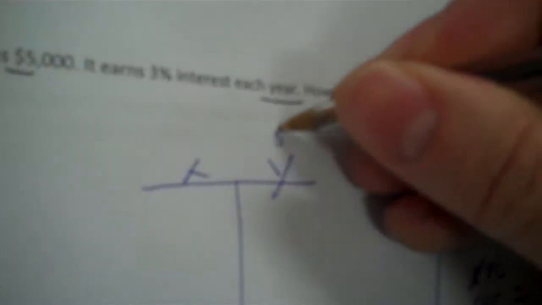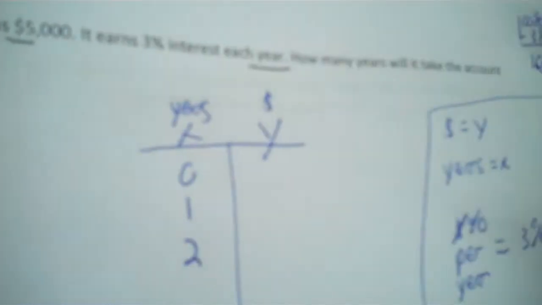Now I'm going to make a table on this problem, okay, just on this one. So dollars is Y, years is X. So 0, 1, 2. So the dollars start at 5,000. Then you start multiplying instead of adding by your exponent factor, 1.03.